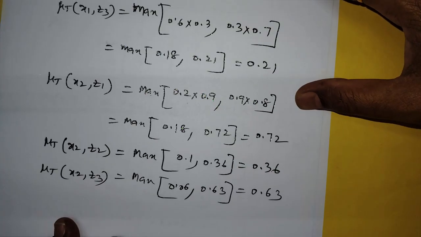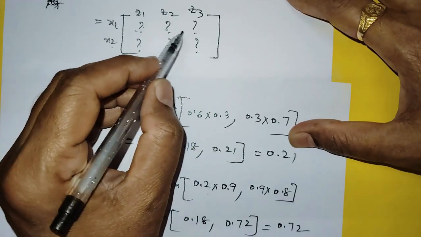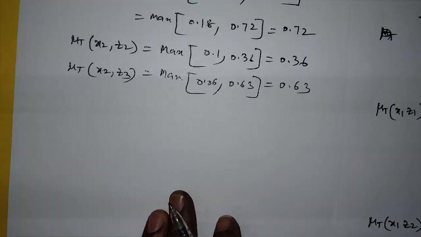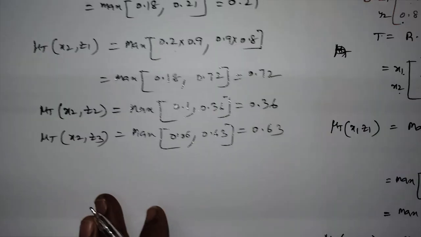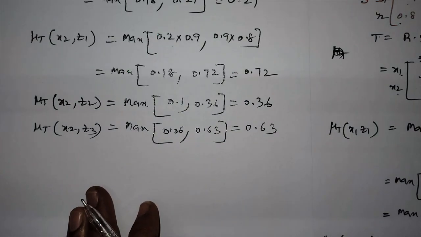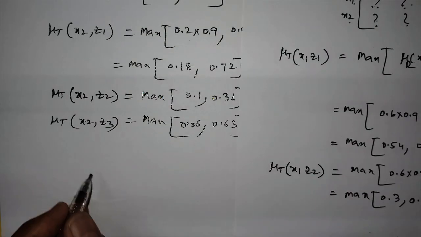Now substitute here x1 z1, x1 z2 and x1 z3. x1 z1 is 0.54.